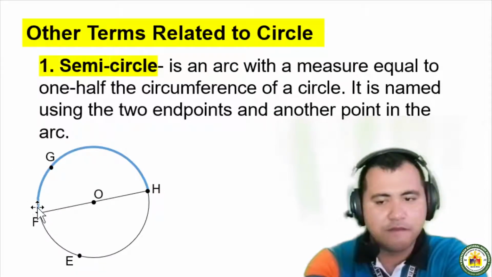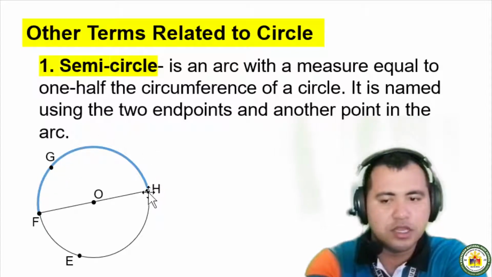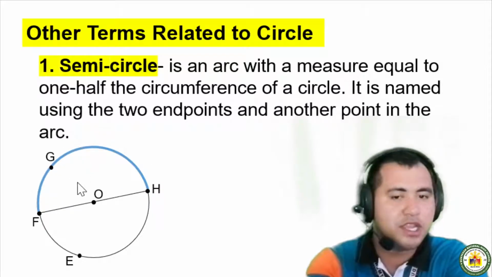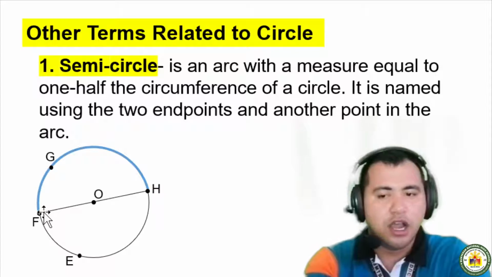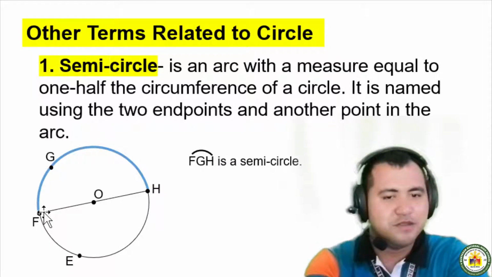So kung gikan ta sa F, agian nato si G paingon ni H, so kuhaon nato si G kay tulo man ang kinahanglanon. So that is arc FGH.